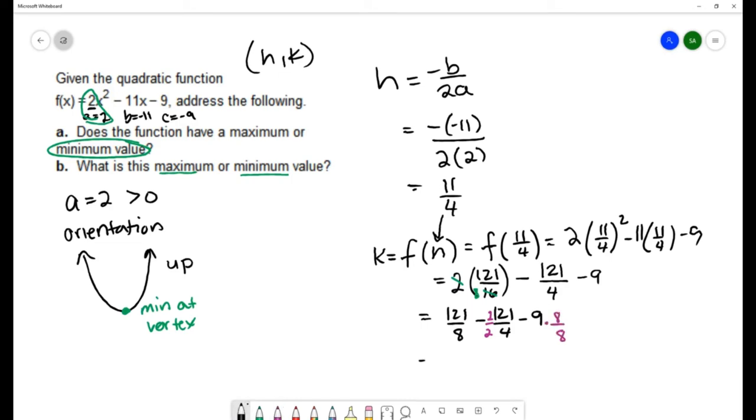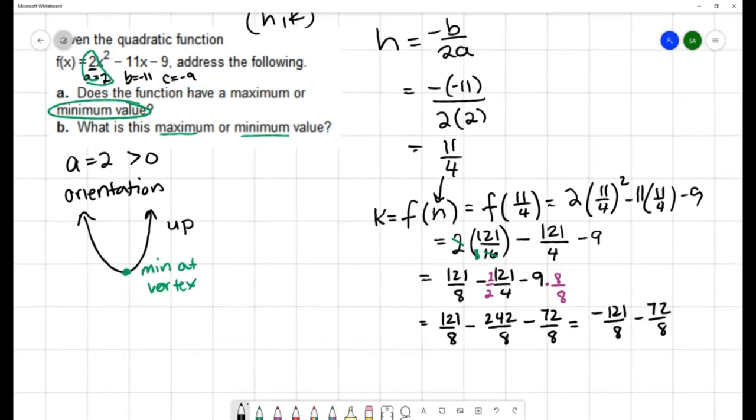That's going to give 121 over 8 minus 242 over 8 minus 72 over 8. The 121 over 8 minus 242 over 8 will be negative 121 over 8 minus 72 over 8.